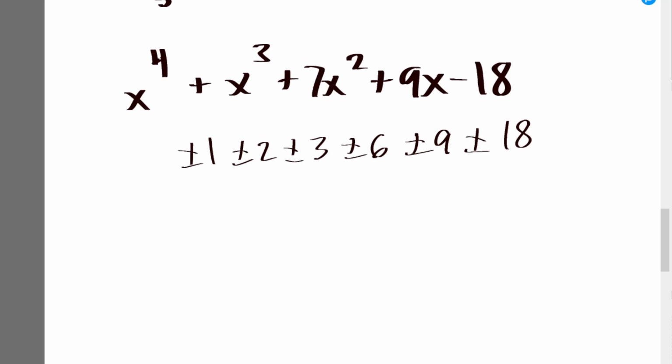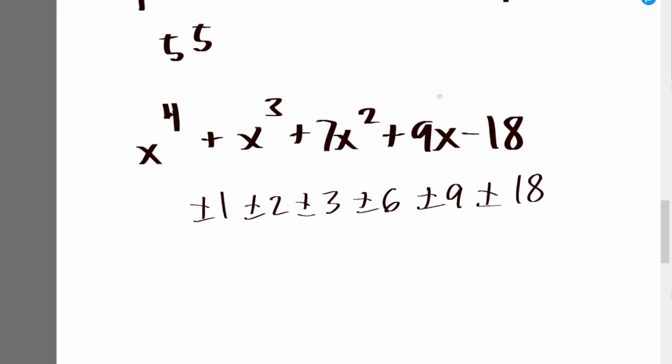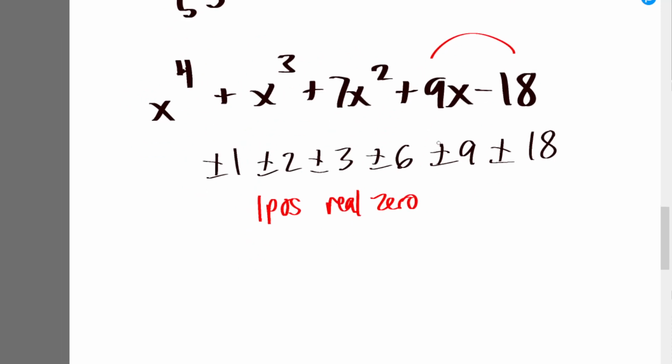Next, I'm going to do Descartes' rule of signs to figure out which ones might be applicable. So I have one positive real zero. And then I'm going to flip the signs of the ones that are odd exponents, which is basically the same as doing f of negative x, but in a simpler way. Negative x cubed plus 7x squared minus 9x minus 18.